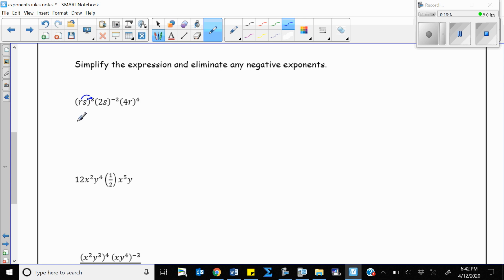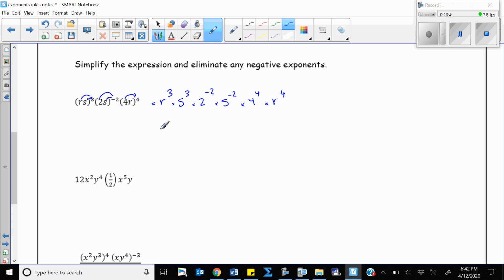So this will be R to the 3 times S to the 3. Then the next parenthesis, 2 to the power of negative 2 and S to the power of negative 2. Then 4 to the power of 4, then R to the power of 4.